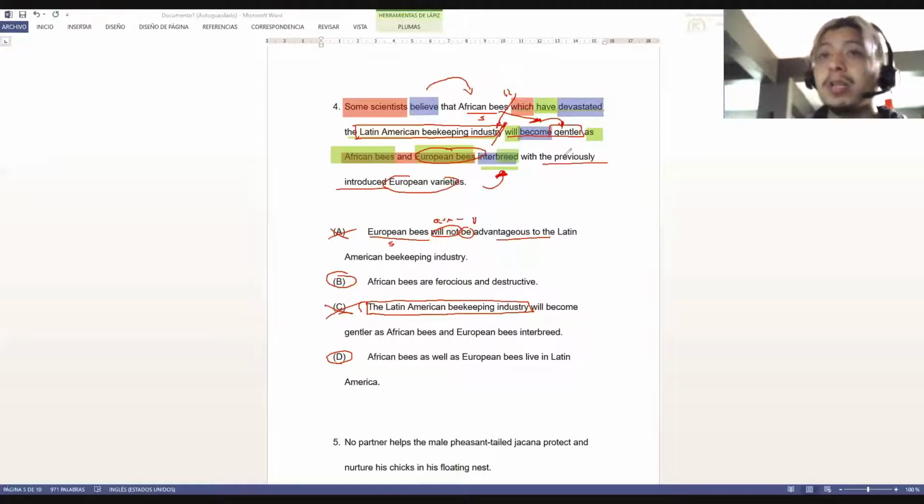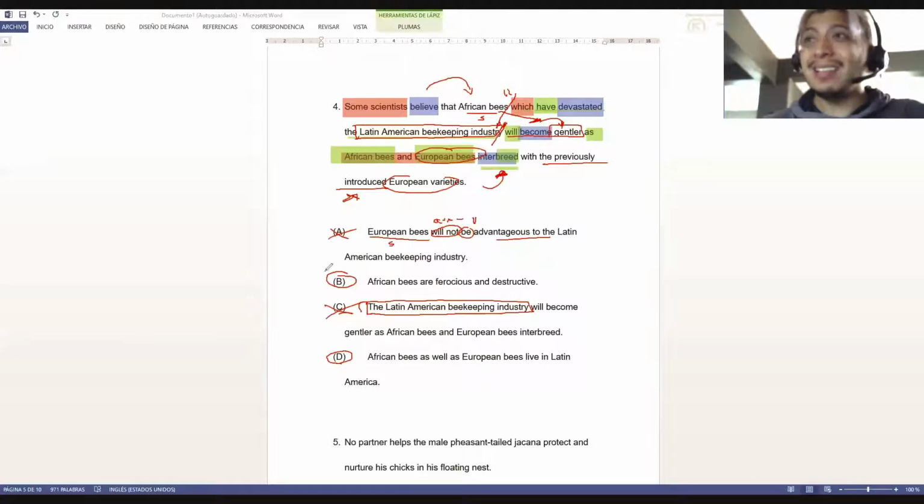So previously, before this devastation, the European varieties were already introduced. Introduced where? To Latin America. So both African bees and European bees live in Latin America. And when they meet, when they get together, and when they interbreed, is when African bees will become more gentle. That's at least what some scientists believe.